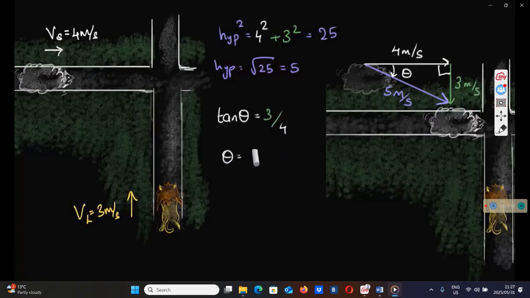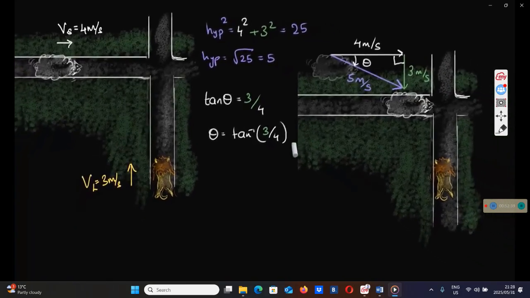That makes theta equals tan inverse of 3 divided by 4. And there we have it. So if someone asks you now what's the relative velocity of the sheep as seen by the lion, we could just say it's 5 meters per second at an angle of tan inverse of 3 by 4 with the horizontal, or something like that. Alright, now let's put this whole result in terms of symbols.